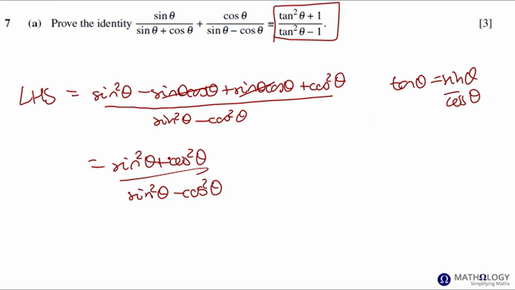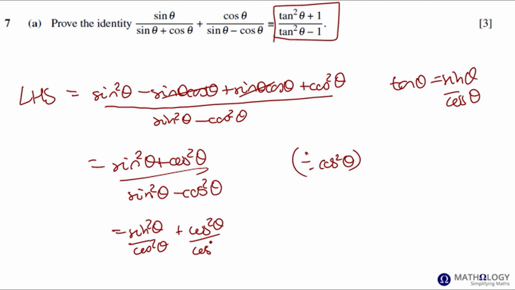So if we divide every single one of these terms in the numerator and denominator by cos squared theta, then we're going to have sine squared theta over cos squared theta plus cos squared theta over cos squared theta over sine squared theta over cos squared theta minus cos squared theta over cos squared theta.